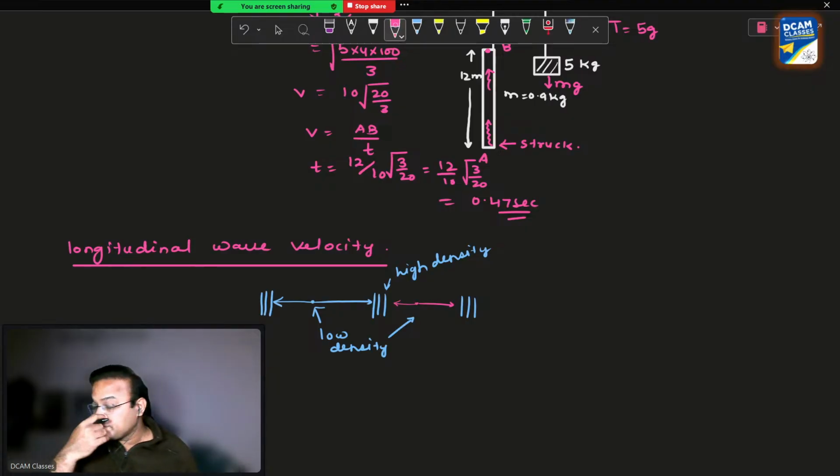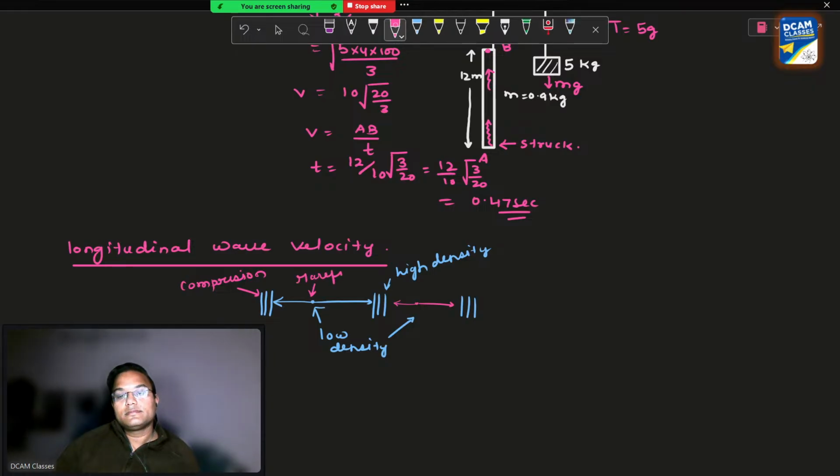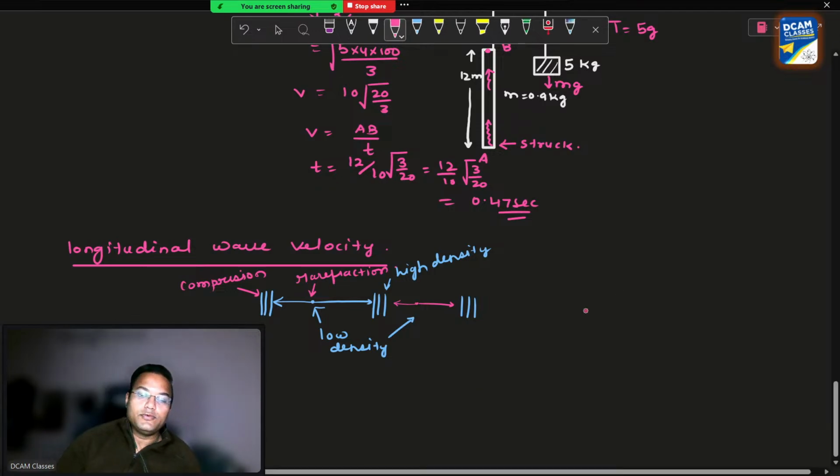Nothing is new. There is a name for it. This is known as compression. And this portion is known as rarefaction. But this much detail is not needed for you.